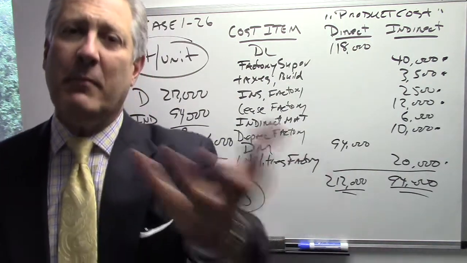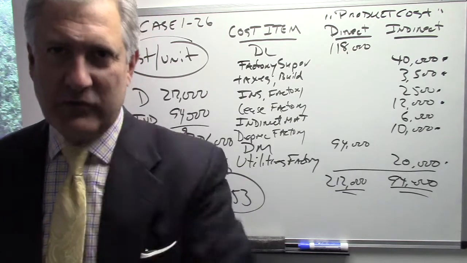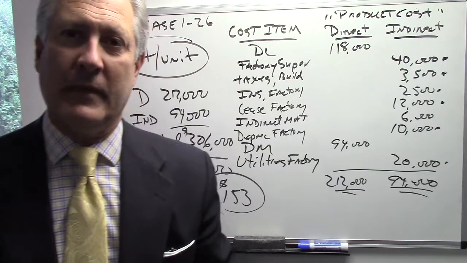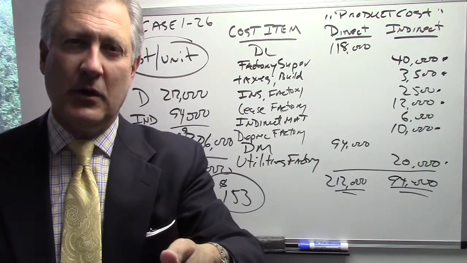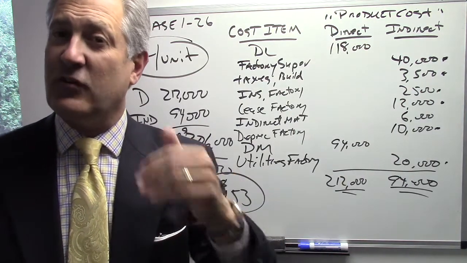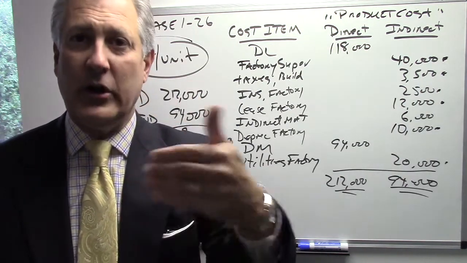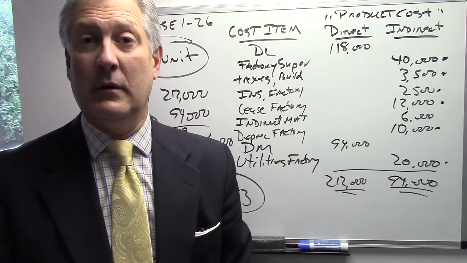So as the number of units goes up, the fixed cost per unit goes down. However, as the number of units drops, you're allocating those fixed costs over fewer units. Cost per unit, therefore, should go up, right?